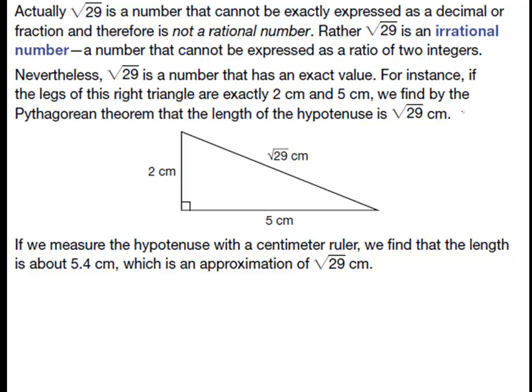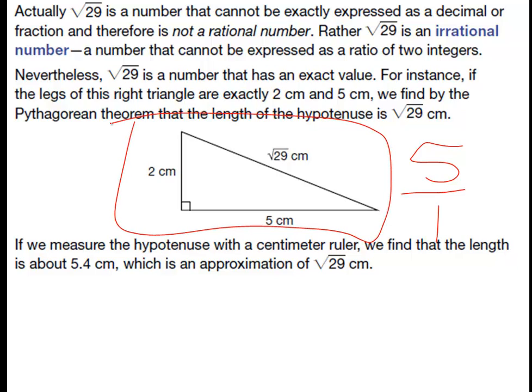We know that an irrational number is a number that can't be expressed as a ratio of two integers. Like 5 is rational because you could put a 1 underneath it. An irrational number, you're unable to do that. But yet the square root of 29 does have an exact length, just like in this example.